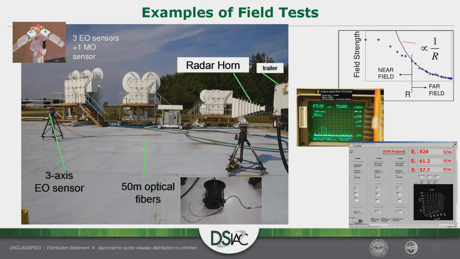Then we can see the radar signal in the spectrum analyzer. The readout, from an earlier version of our data acquisition system, says about 800 volt per meter, so it's less than 1 kilovolt per meter at a distance of about 20 meters. Next, please.